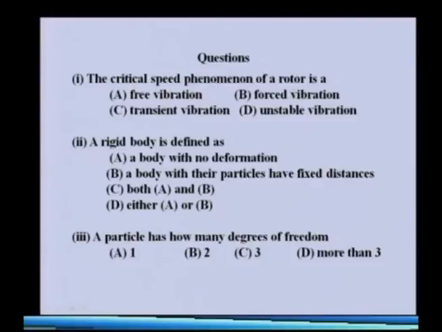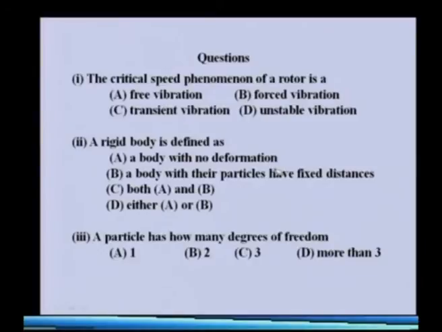Now, let us see a rigid body. How do we define a rigid body? I have given options: a body with no deformation, so that is one of the correct answers. Then also, a body whose particles have fixed distances.